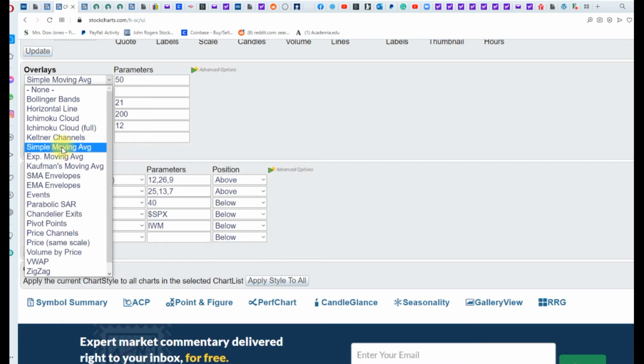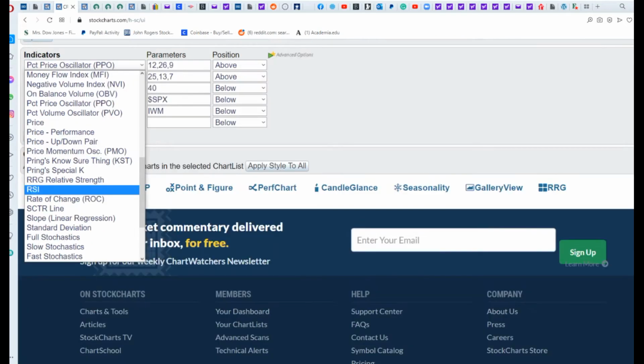So we're going to have a simple moving average, and then we designate how many days, such as a 50-day, 10-day, 20, and so on. This is part of the parameter side of the overlay. So we come in here, and for your indicators, there are many indicators.